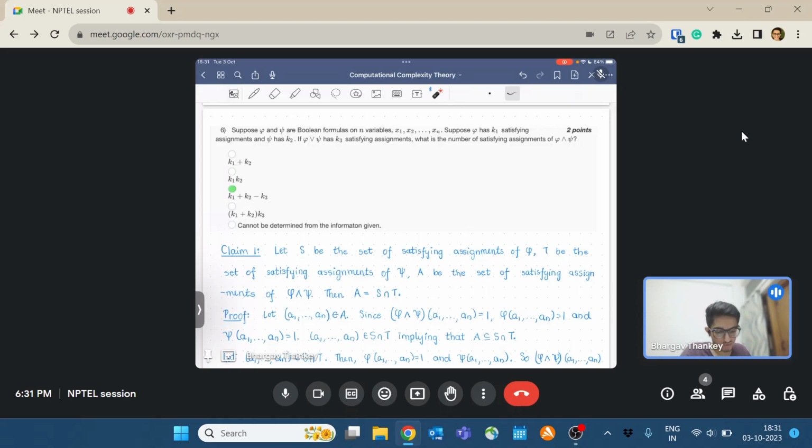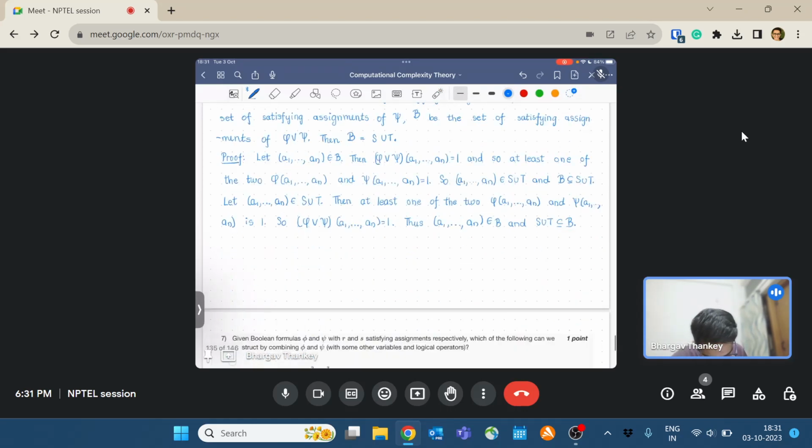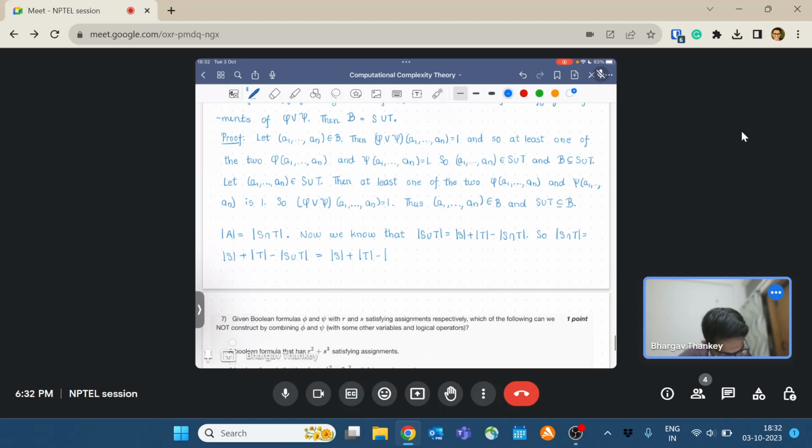So we are supposed to find the cardinality of A. So cardinality of A is equal to cardinality of S intersection T. And now we know that cardinality of S union T is the cardinality of S plus cardinality of T minus cardinality of S intersection T. So cardinality of S intersection T is, from claim 2, this is just cardinality of S plus cardinality of T minus cardinality of S union T, and in the question, we have been given all these three cardinalities.